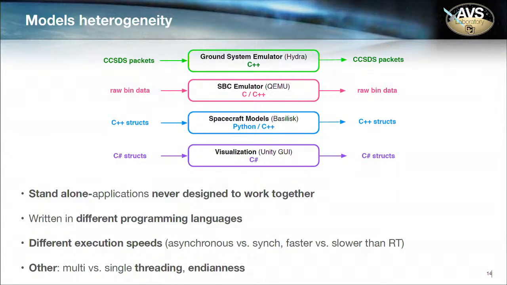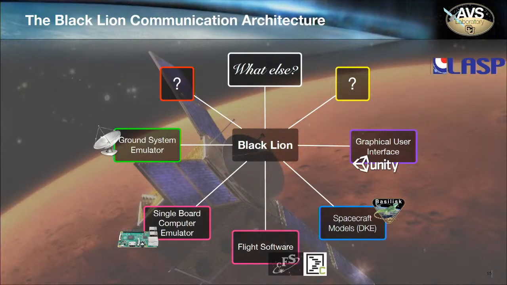QEMU, for instance, runs slower than real-time, but Basilisk runs natively way faster than real-time. In addition, some of them are multi-threaded, while others are single-threaded, which is something important when you think about communication and socket connections. They also have different endianness, which is especially tricky to handle.